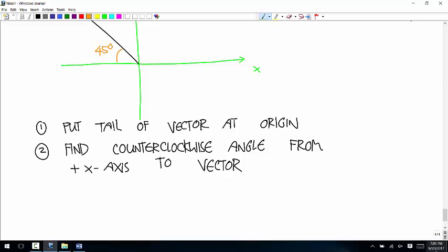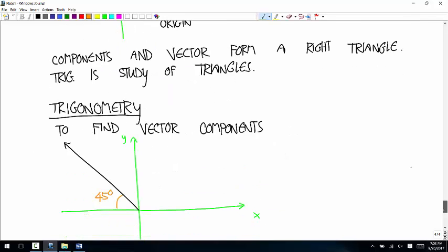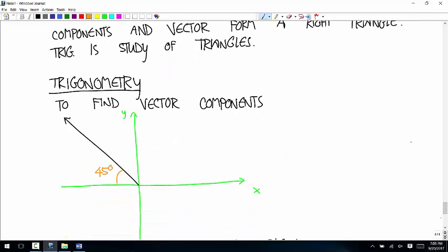A way that I like that always works is to keep hopping from angles you know to the next angle you know. If your jump goes counterclockwise, it's positive. If it goes clockwise, it's negative.